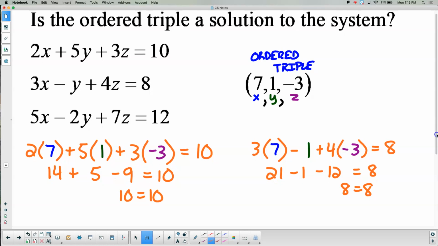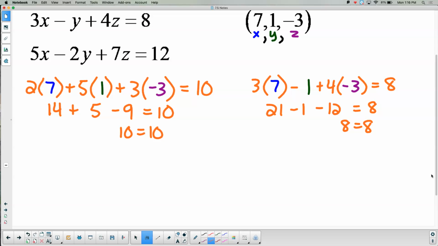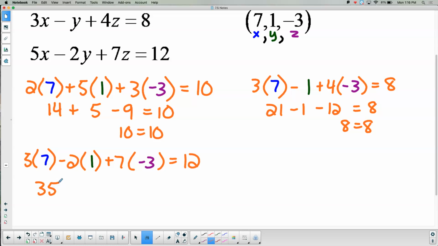So then we have to go to the third equation and try it in that one. 5 times 7 minus 2 times 1 plus 7 times negative 3, and that's got to be 12. 5 times 7 is 35. 2 times 1 is 2. 7 times negative 3 is negative 21. 35 minus 2 is 33. 33 minus 21 is 12.